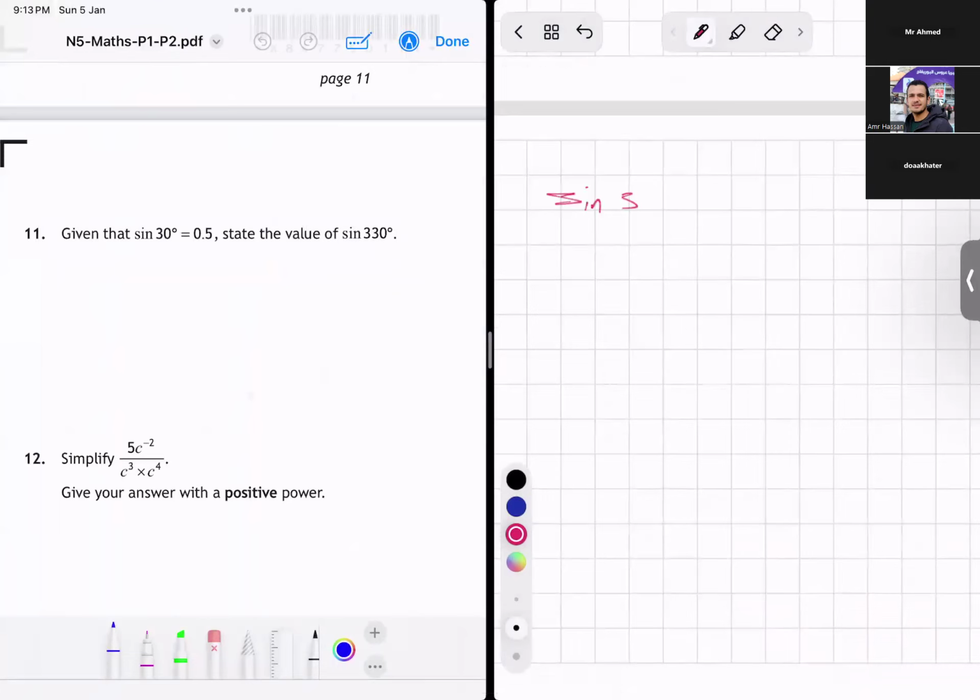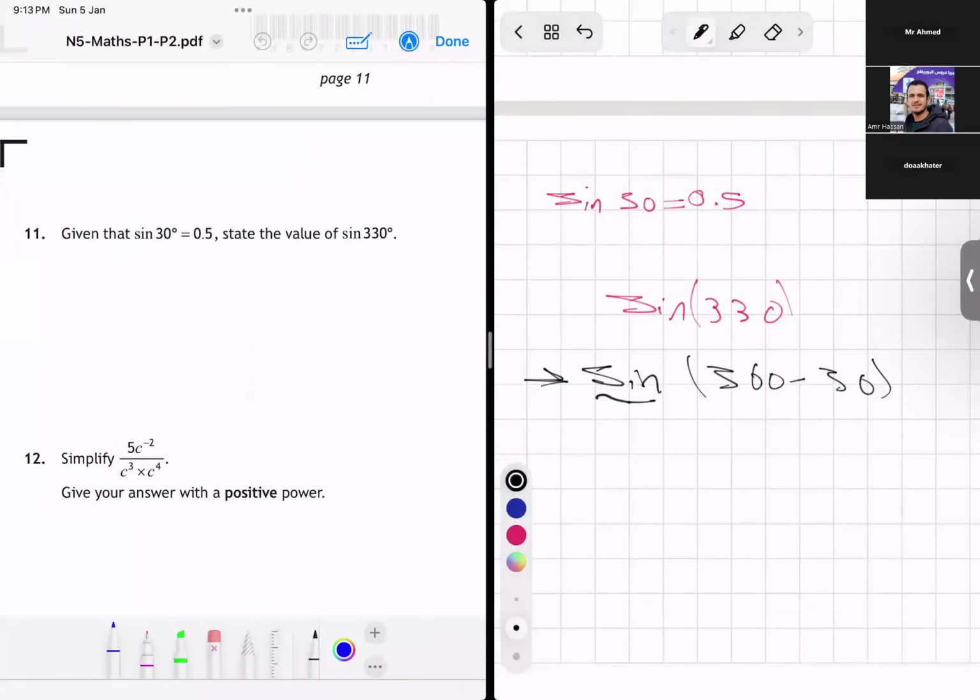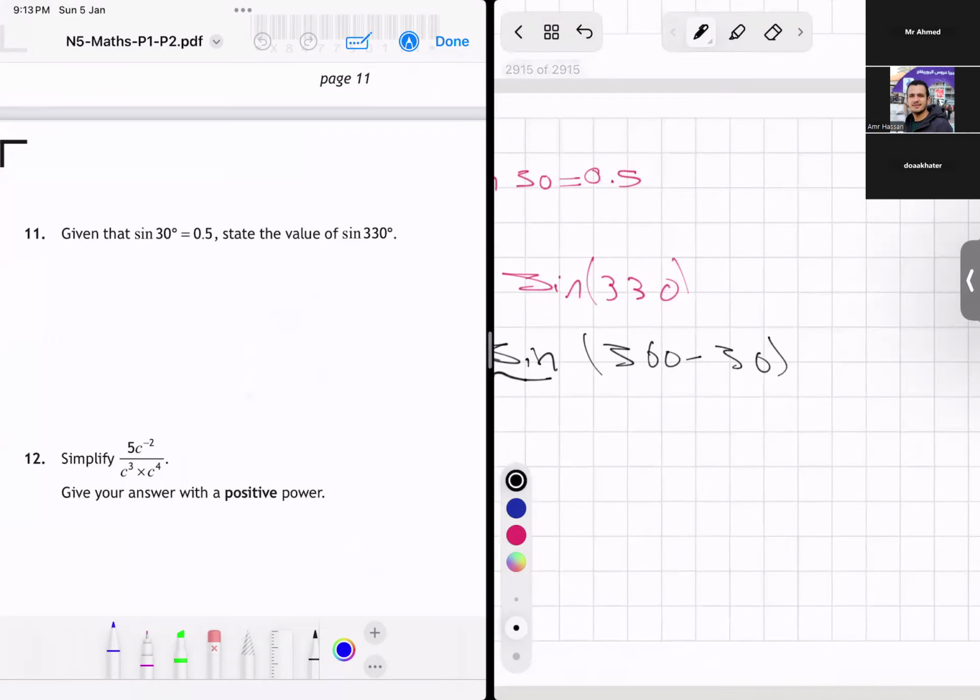So we got sine 30, which is given as 0.5, right? And here we have sine 330. So I need to break it down into two parts, right? So it's going to be sine 360 minus 30. Do you think this one is positive or negative? Negative, yes, negative, in the fourth quadrant. So it's going to be negative sine 30.